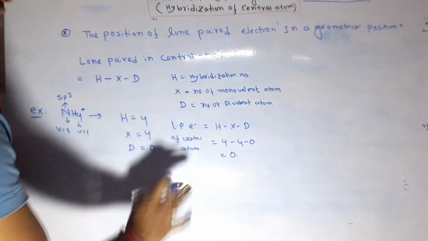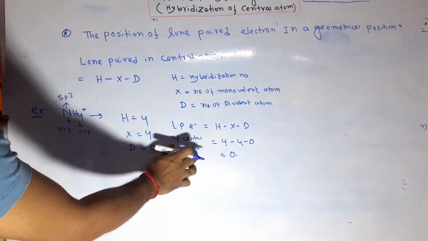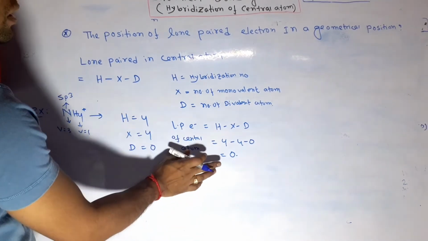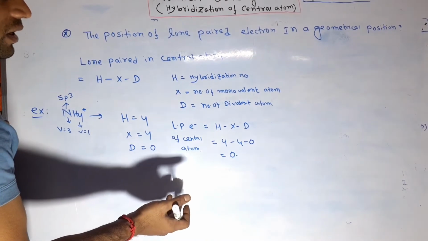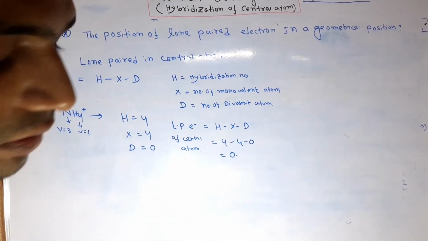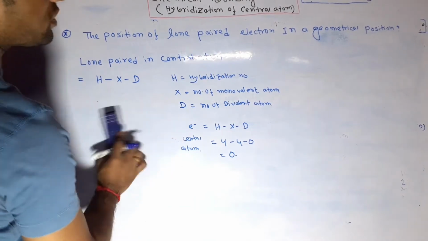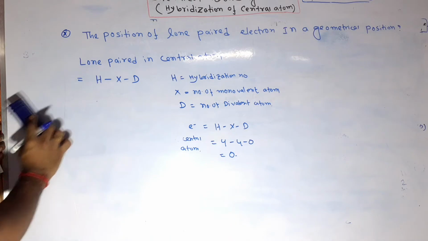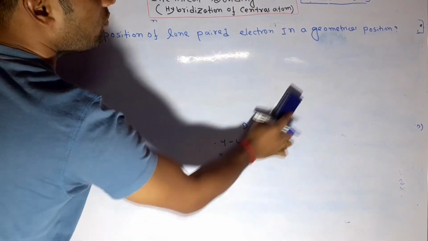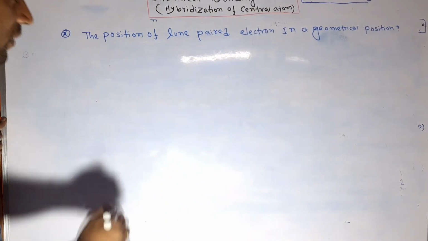If a lone pair is present on the central atom of a compound, then its position may be axial or equatorial. What is the procedure for deciding the axial or equatorial position of the lone pair in a geometrical structure?